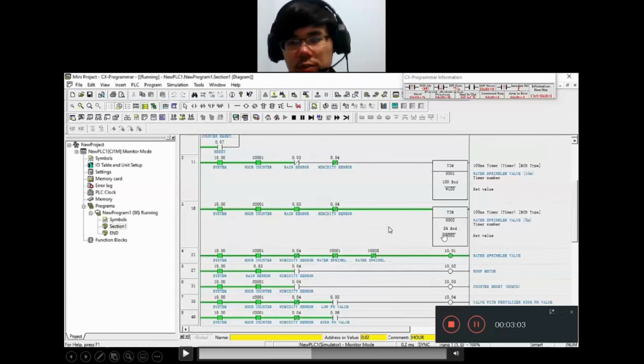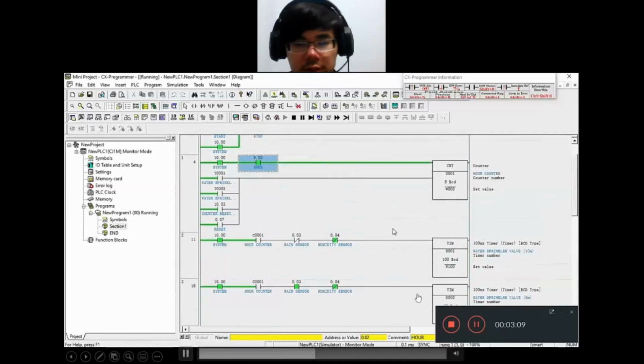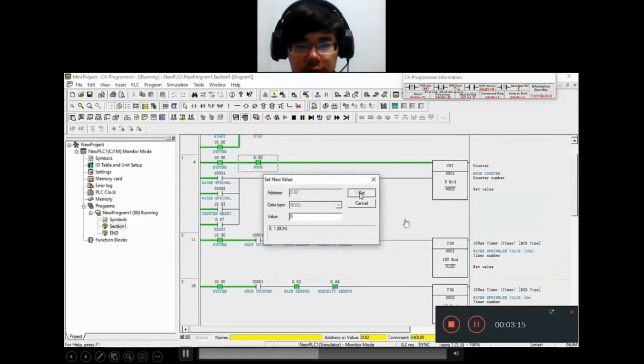Here shown is 50 seconds. Right, it turns off after the 50-second count, and the counter here will reset.